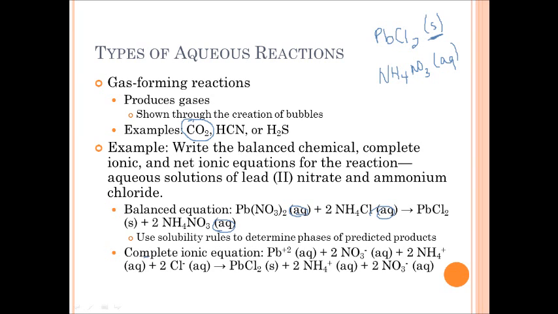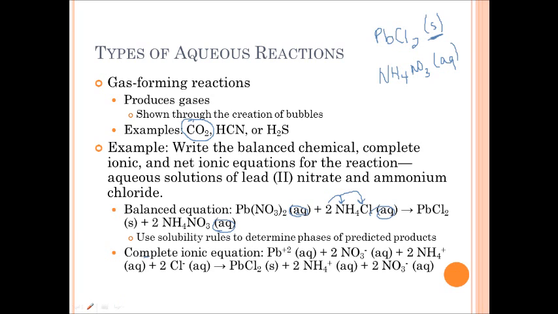So we have lead +2 goes to 2 nitrates, because remember we have 2 of them, plus 2 ammoniums, plus 2 chlorines. Again, that 2 out front is going to be distributed to both the ammonium and the chloride. Then in our products we keep lead chloride together, and we have 2 ammoniums and 2 nitrates.